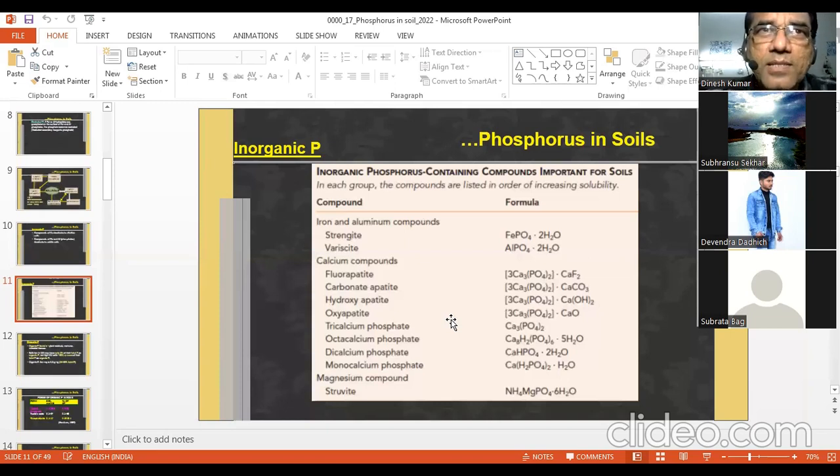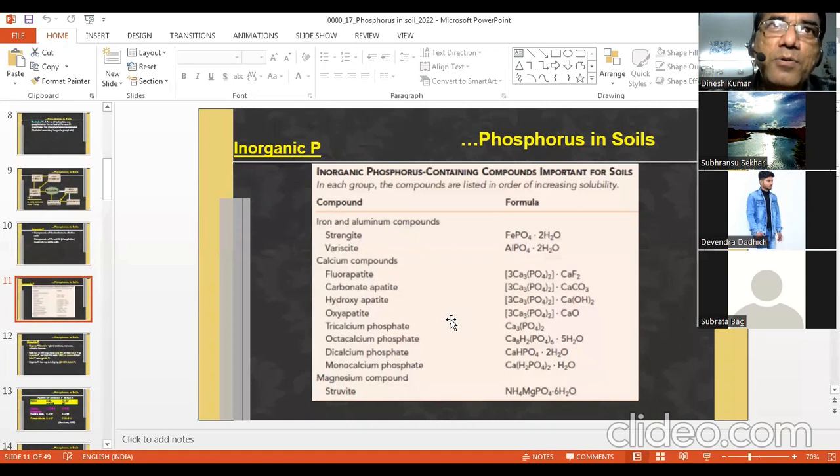The second point is that these reserves are very finite. I do not know, but maybe in the next 50, 60 years, this kind of reserve can be exhausted, and then it will be difficult to make phosphatic fertilizer. For your information, all phosphatic fertilizers in the world are manufactured from apatite, so this mineral is very important.